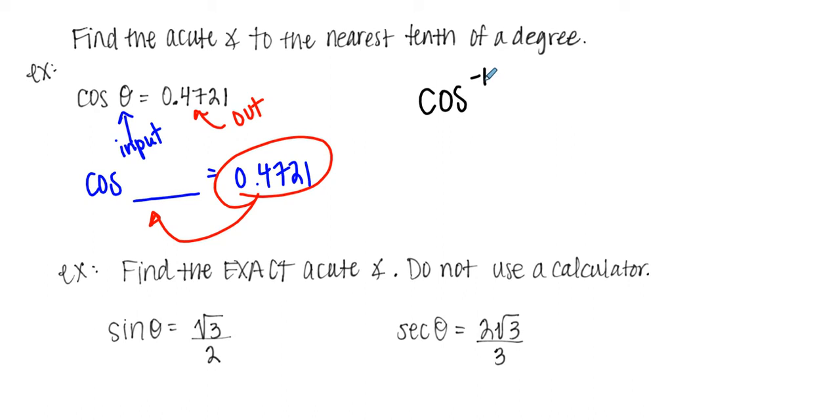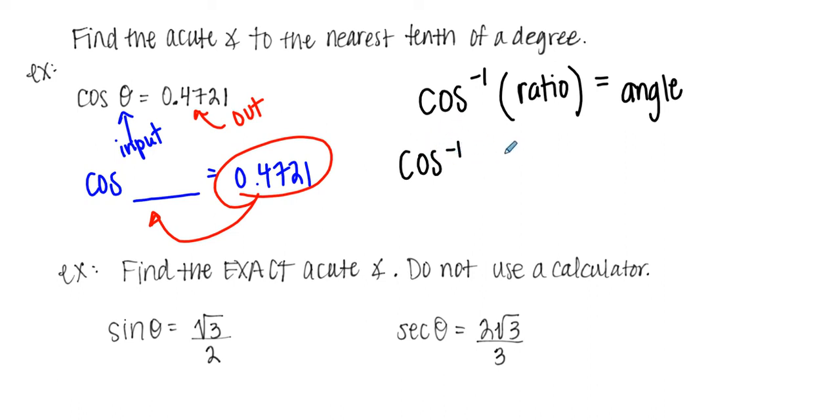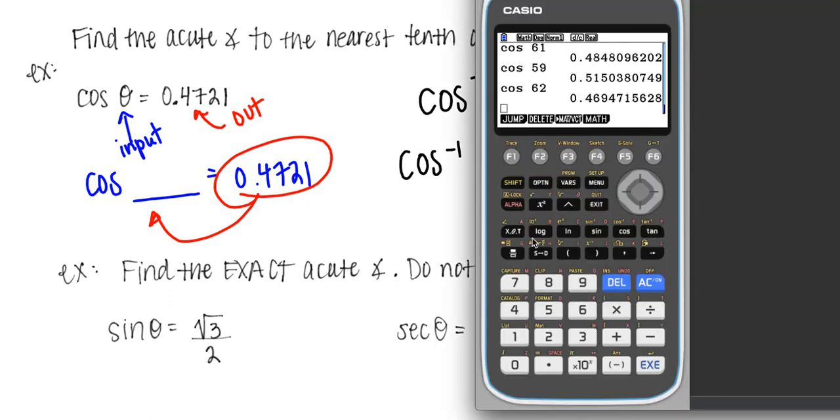So the inverse function is denoted with that -1. So now we're going to put the ratio in, and we're going to get the angle out. So we're going to hit in the calculator the inverse function of cosine, and we're going to put that ratio of the two side lengths, which is a decimal, into the calculator, and let's see what we get. It should be 62-ish degrees.